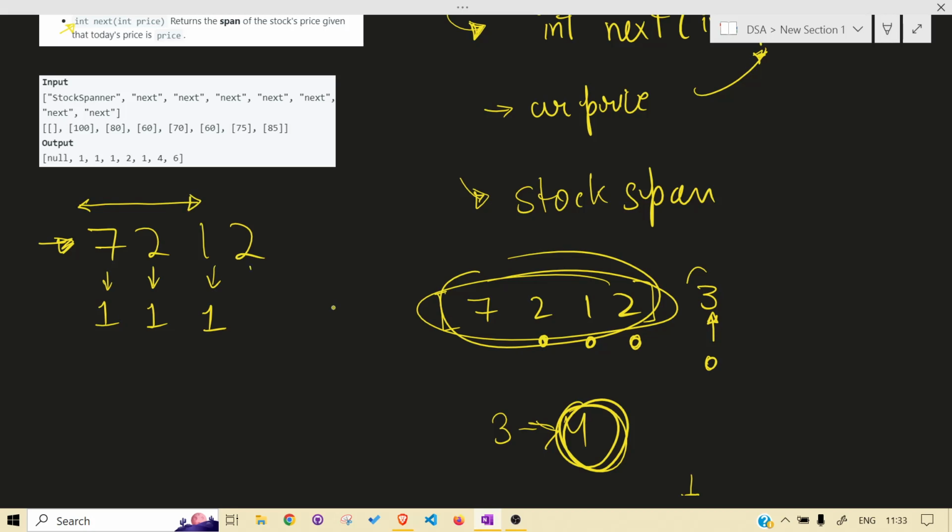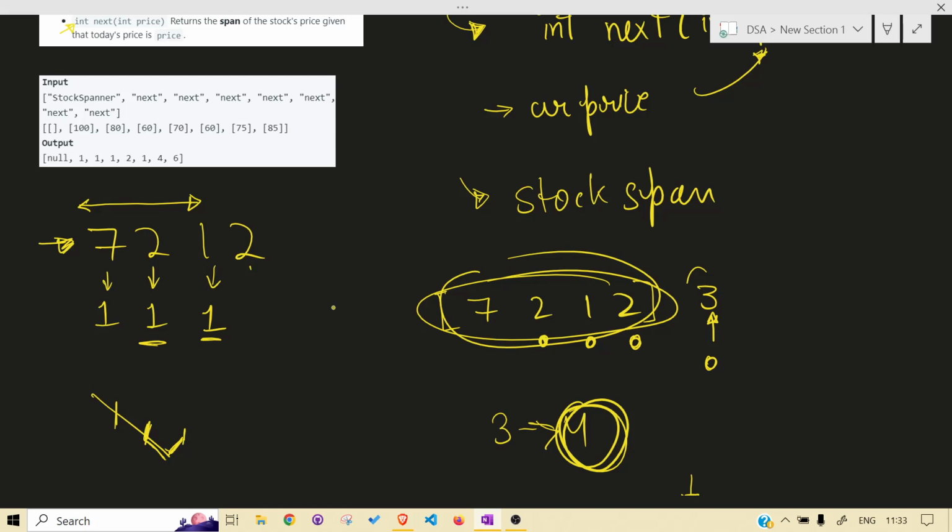But whenever an increasing price occurs, something interesting happens, because this is the place where we will calculate the stock span. In decreasing order, everyone has a stock span of 1, because the value will never be greater than the previous one. But when an increase happens, we have to see to what extent this value is greater.